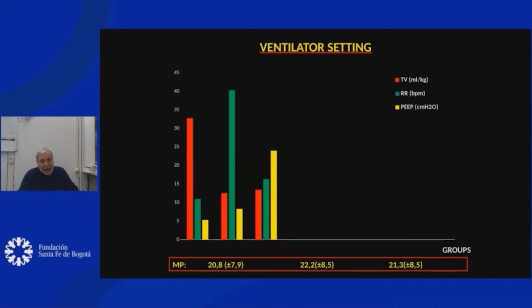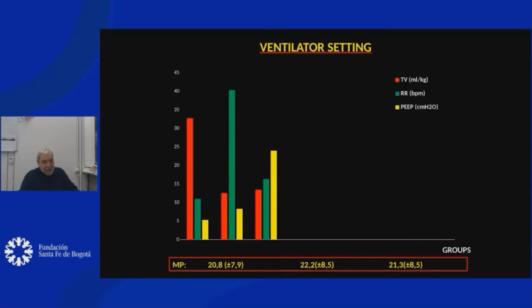Let me give you another example. Here we have an experimental group in which we had the same mechanical power, more or less, 20 joules per minute in peaks. But we have a different package.